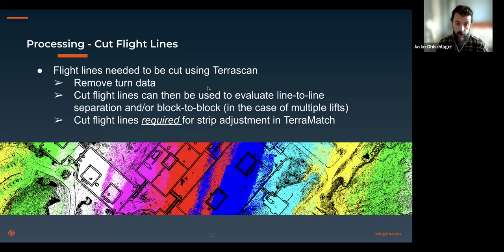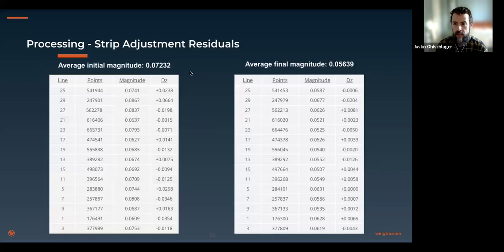This gives us the ability to run accuracy reports, both looking at the line-to-line separation as well as how the overall data set is looking compared to control points that were collected, as well as hard surface checkpoints, as well as vegetated area checkpoints. So this was the first thing that we did. We cut the flight lines in order to run these adjustments to see what kind of accuracies we were getting. If you go to the next slide, please.